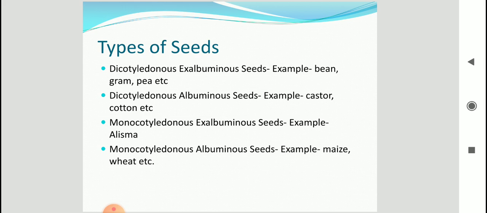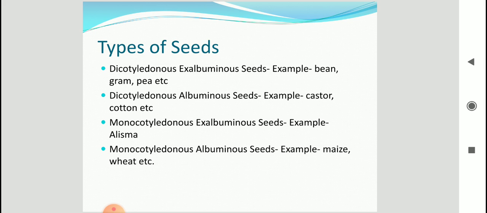Dicotyledonous albuminous seeds means they will have endosperm. Example: castor, cotton. Now children, in your book, castor and cotton are the 2 examples that are given. Apart from that, it's good for you to remember that there are many other examples.